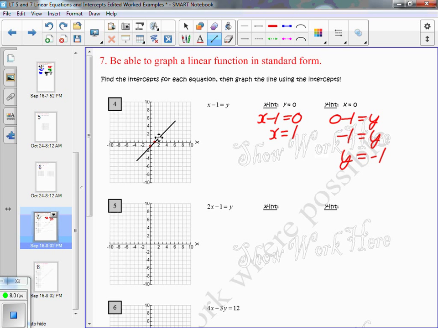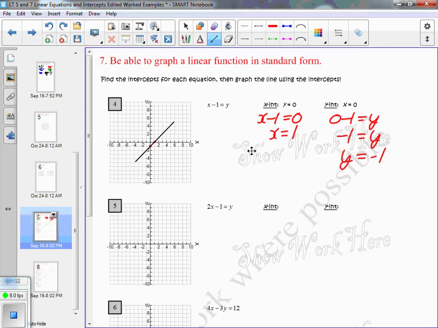And I don't care how long you make the line. It's not like you have to go to the edge of the coordinate grid. It's also not like you can't go past the edge if you want to. So I'm not going to be grading these to see how great your line is. I'm going to be grading it to see if you've got the right 2 points on there to start your line.